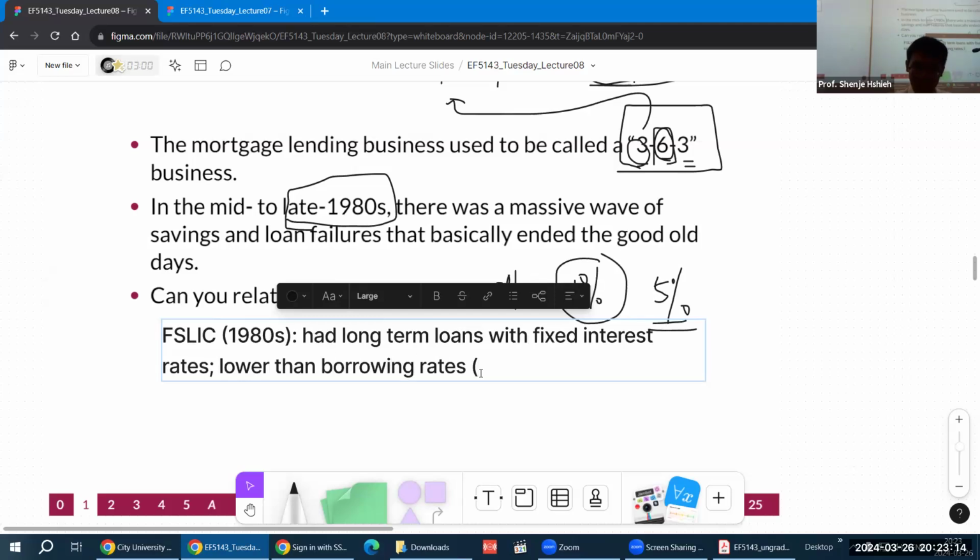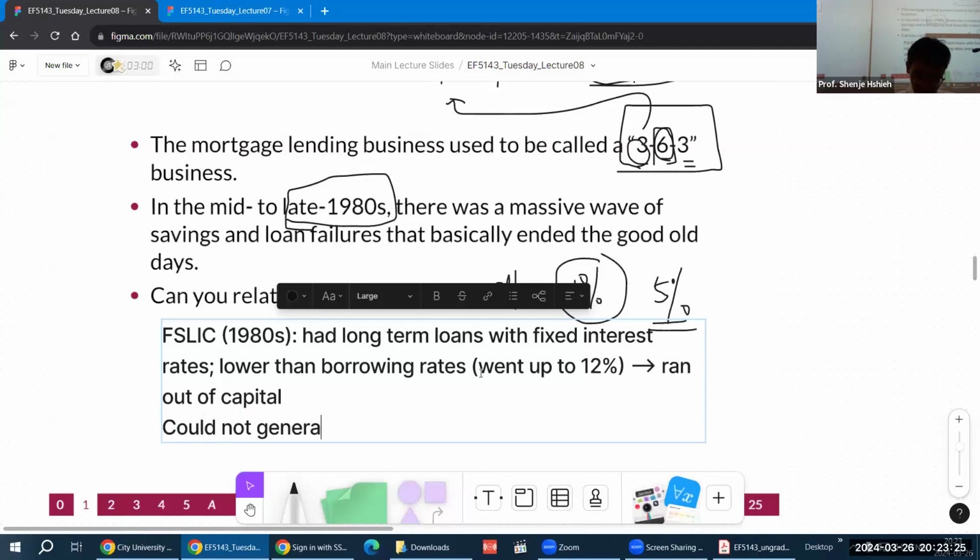Rates went up to 12%, they ran out of capital, and could not generate enough money to pay off liabilities.